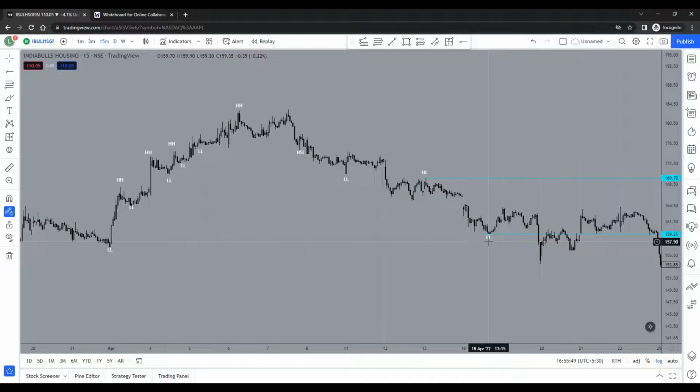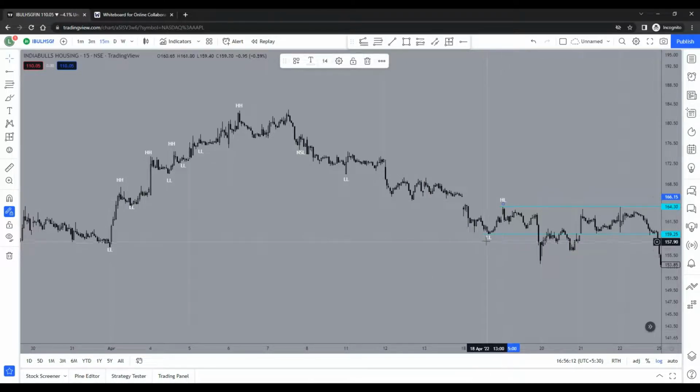If this is our low, and the retracement until this higher low is not breached, the price action is still in a downward trajectory. So after the retracement, our swing is this.